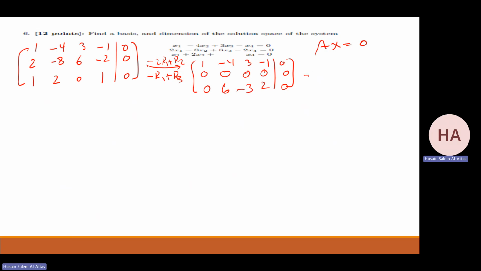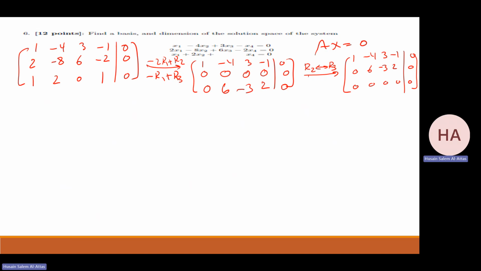Okay, I can interchange R2 with R3 to get this system: 1, minus 4, 3, minus 1, 0; 0, 6, minus 3, 2, 0; 0, 0, 0, 0, 0.